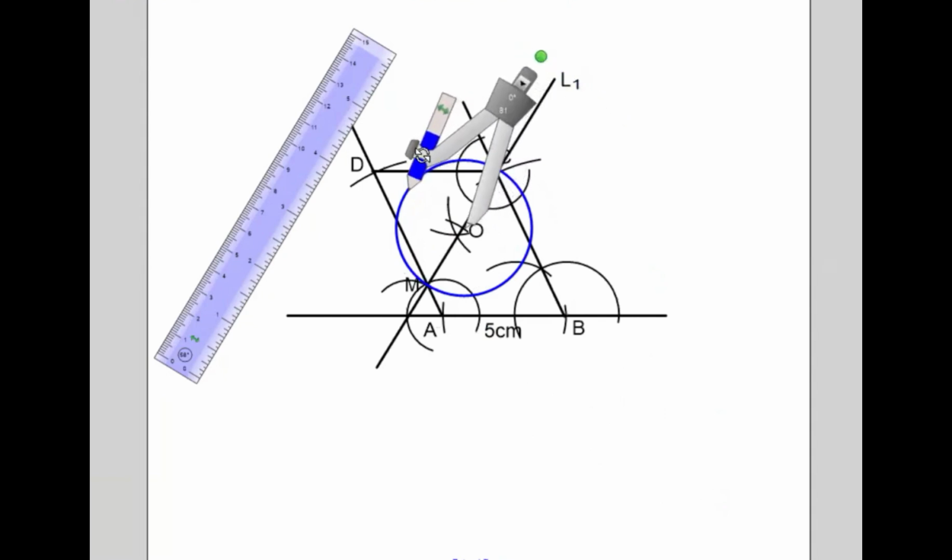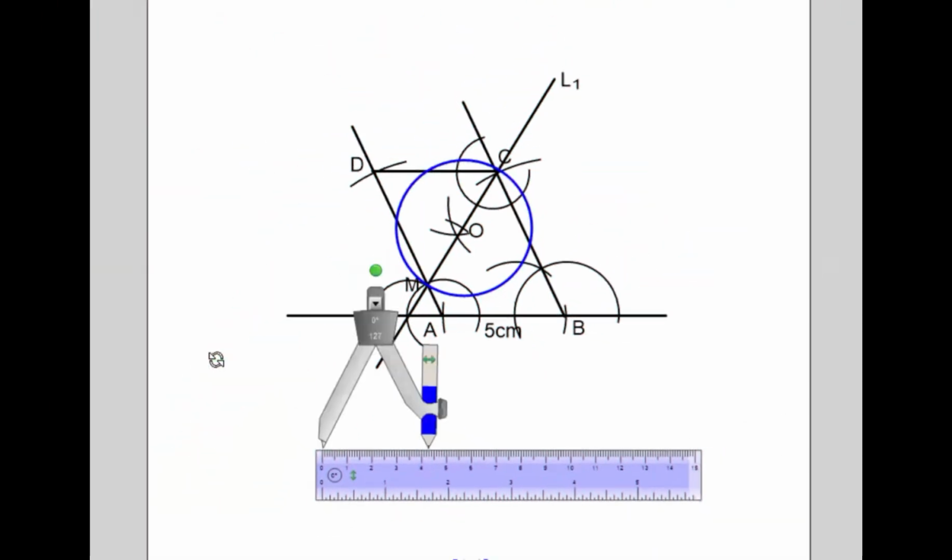We extend. This is O to D. If we want to know the exact value of O to D, we can measure it along the ruler and we check.